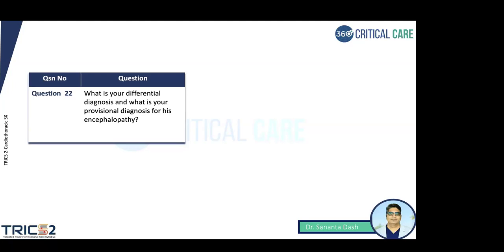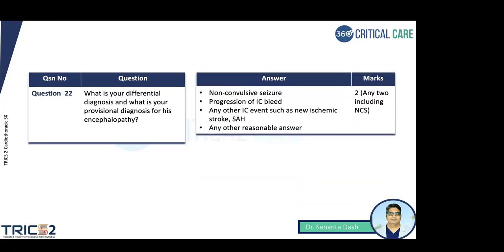This could be the differential diagnosis for the encephalopathy. And your one-point diagnosis is probably non-convulsive seizure. So start with the most probable one, non-convulsive seizure, but it may be a progression of the bleed or any other intracranial event such as new ischemic stroke, subarachnoid hemorrhage, or any other reasonable answer can do, right?